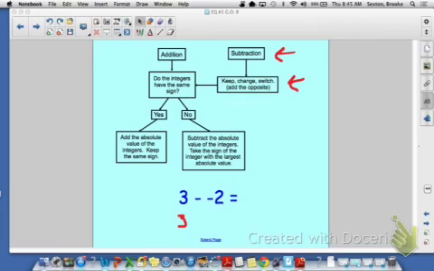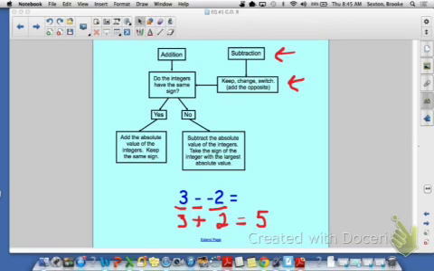I'm going to change that. That is now going to be a plus sign. And now the switch part. This was a -2, but I'm going to switch it to a +2. Keep, change, switch. I am now adding the opposite. Instead of subtraction, I'm doing addition. And instead of -2, I'm adding the opposite, which is a +2. 3 plus 2 is 5.